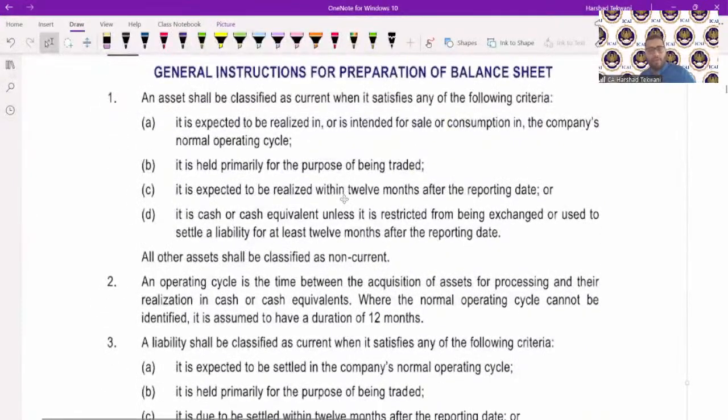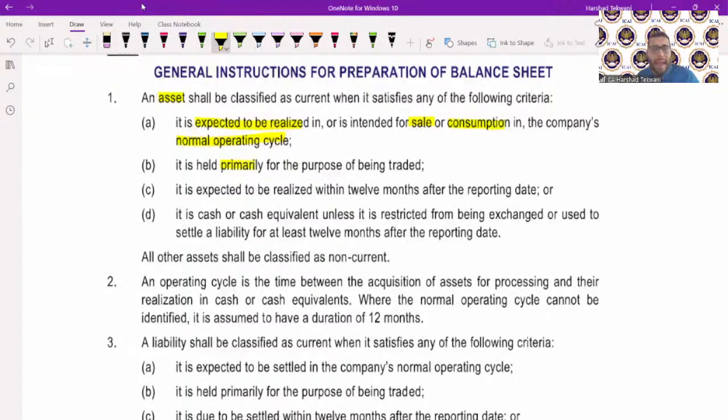So the general instructions given for this are that if any asset satisfies the following criteria: expected to be realized or consumed or sold in the normal operating cycle. If I'm saying I'll realize this asset, or sell this asset, or consume this asset in the normal operating cycle, then it's a current asset for me.